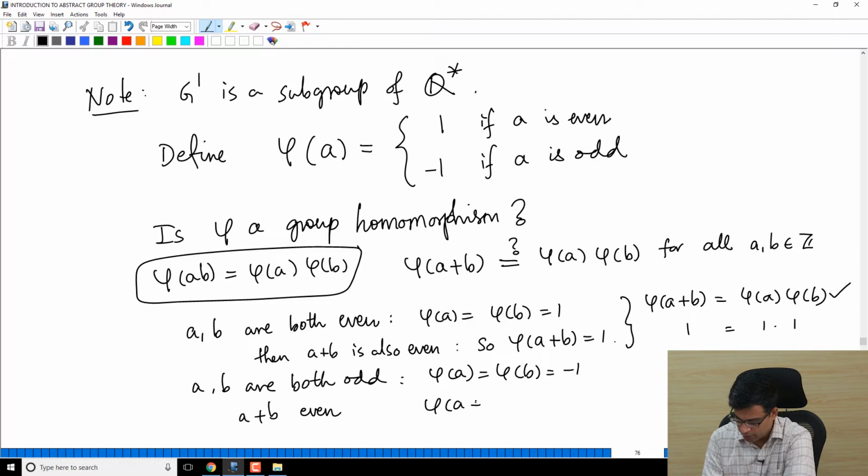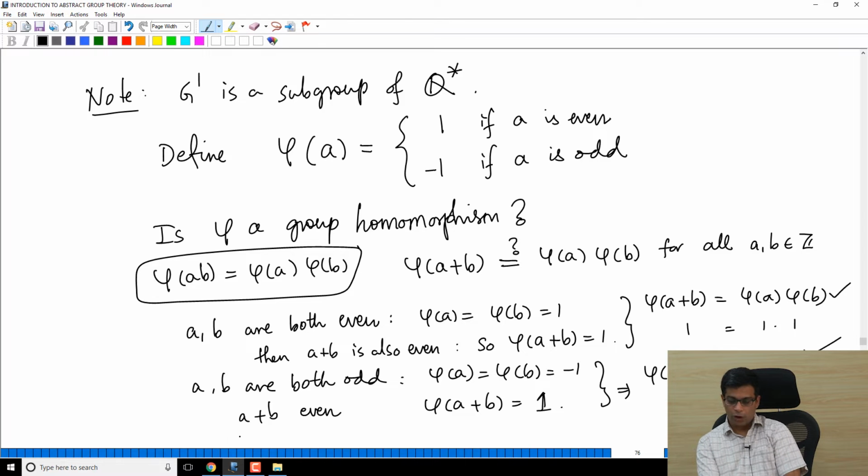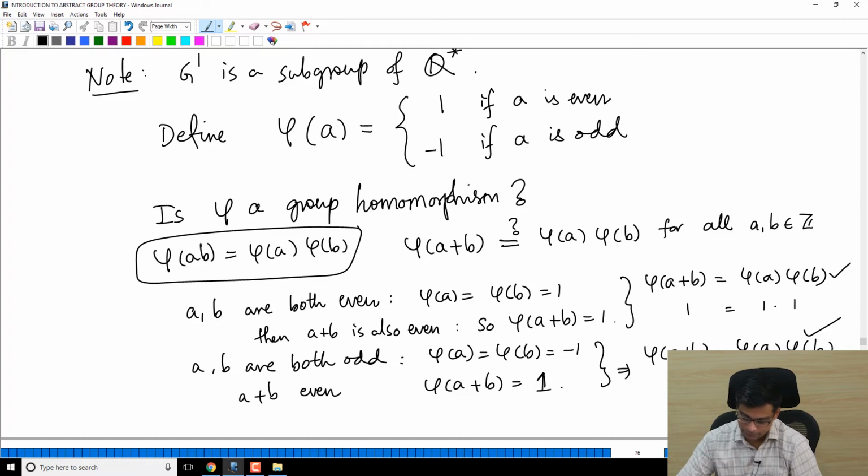Then what is phi of A plus B? That's 1. Again this condition is satisfied, right? Because phi of A plus B is 1, and phi of A times phi of B is minus 1 times minus 1, which is 1. So this is again okay. So if both are odd, also phi of A plus B equals phi of A times phi of B.